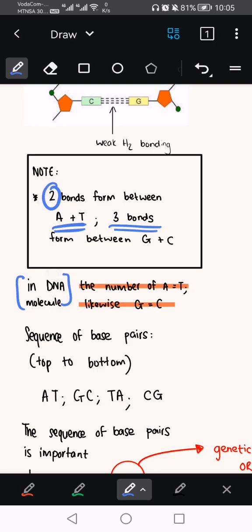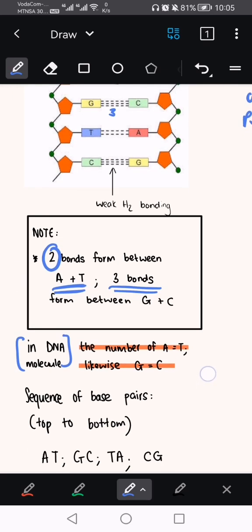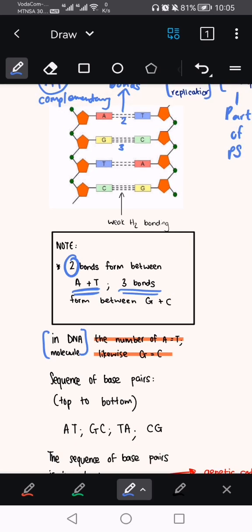If we look at the sequence of base pairs for this image, going from the top to the bottom, it's A, T, G, C, T, A, C, G. That is the sequence of base pairs. That is how the nitrogenous bases are running from top to bottom.